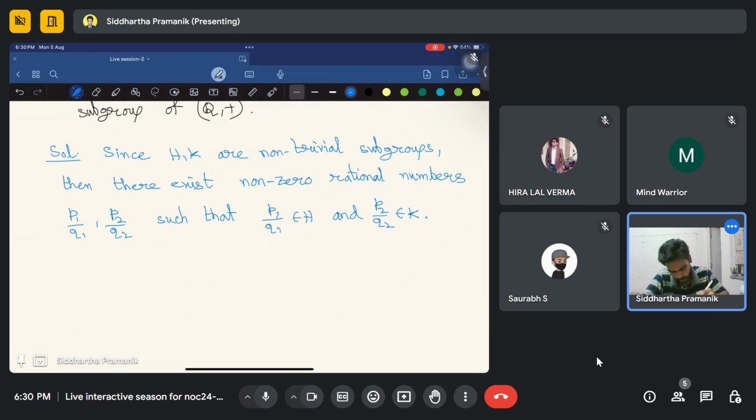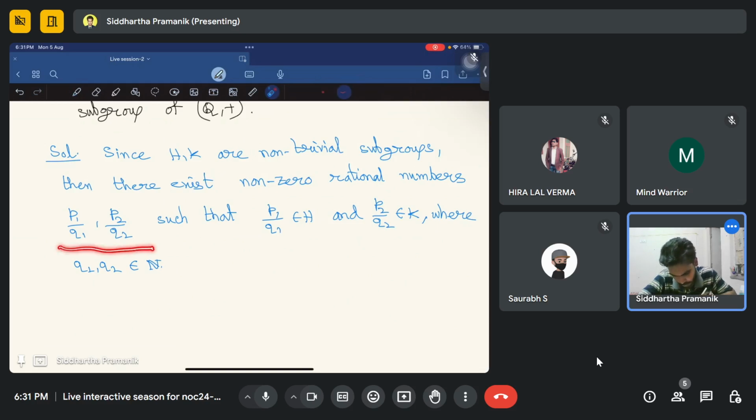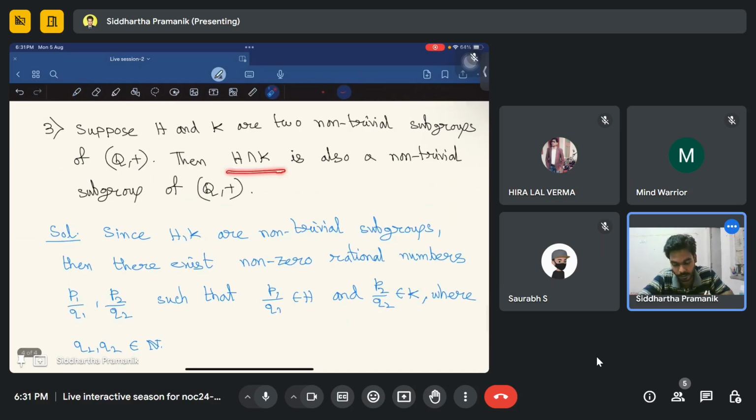So we can assume the denominators are natural numbers, where q1 and q2 are natural numbers. Okay, now using these two elements, I am going to produce a non-zero element in the intersection.